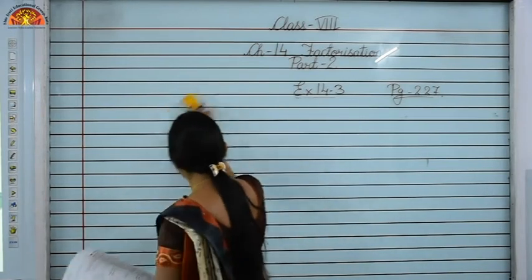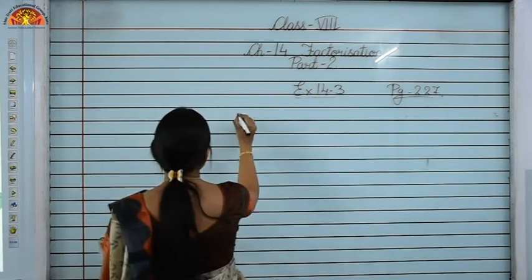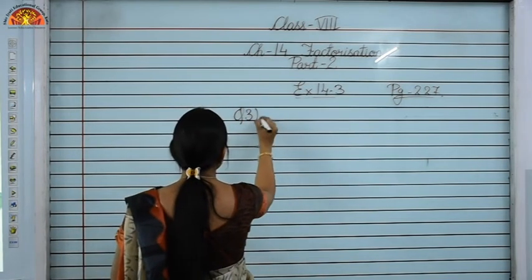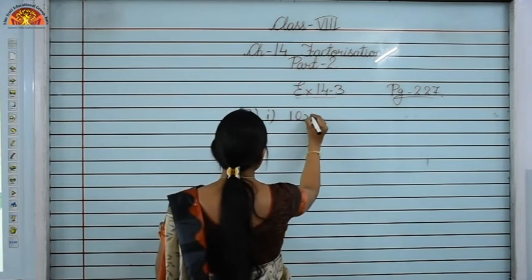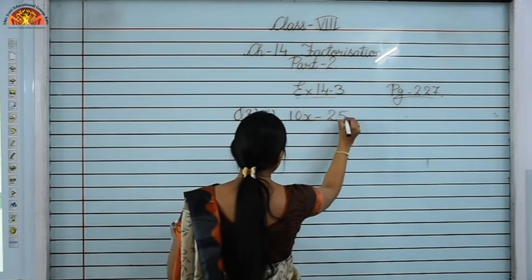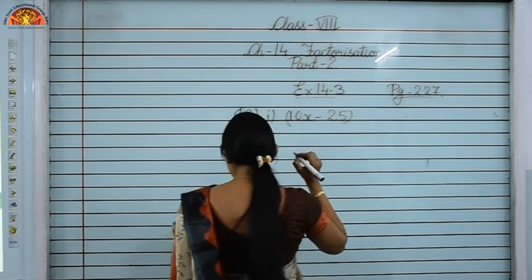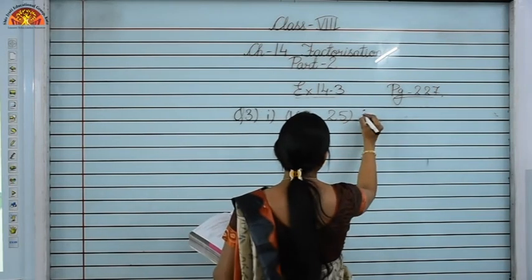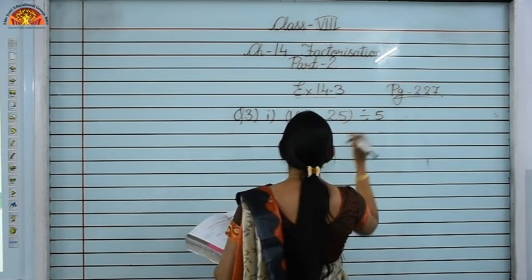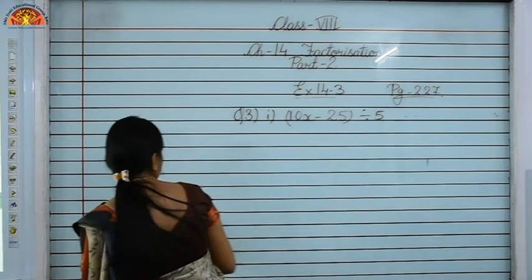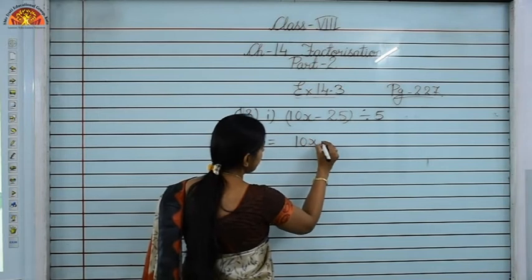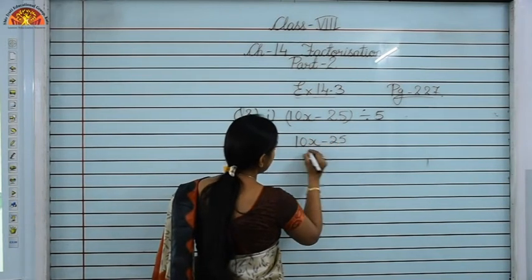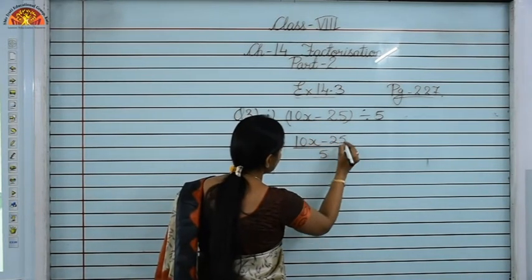Now it's very easy. So you can write 10x minus 25 whole divided by 5.